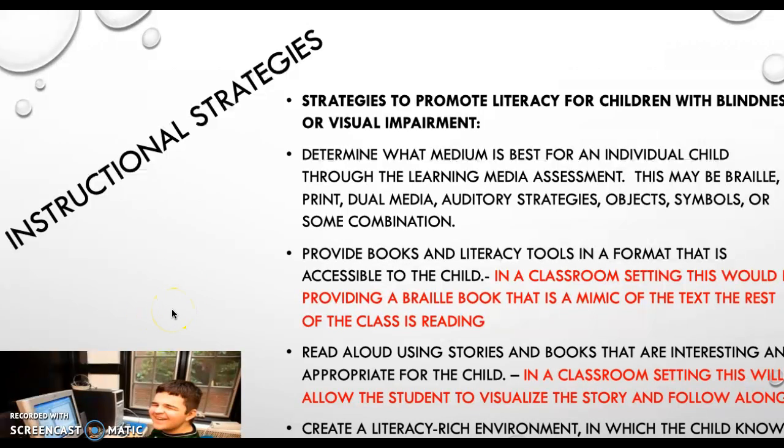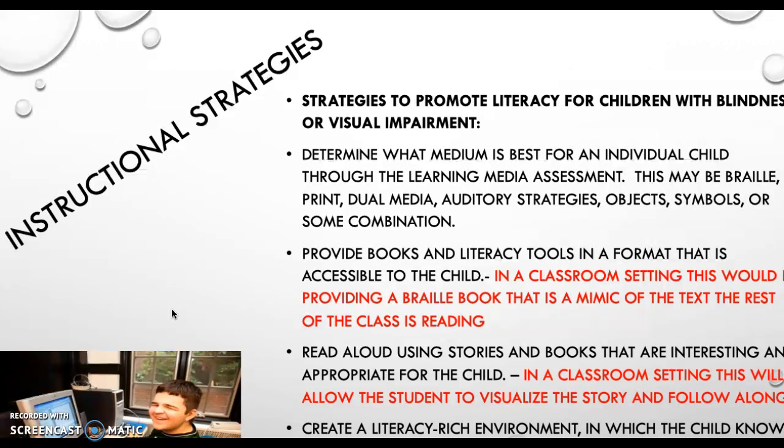Instructional strategies. So, strategies to promote literacy for children with blindness or vision impairment. I chose four. My favorite two were to provide books and literacy tools in a format that is accessible to the child.